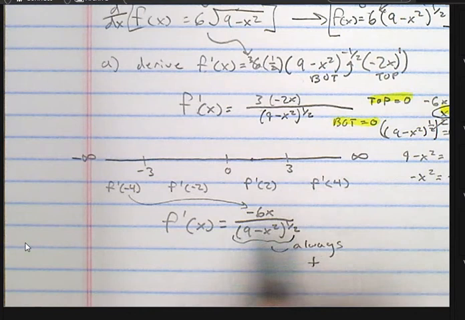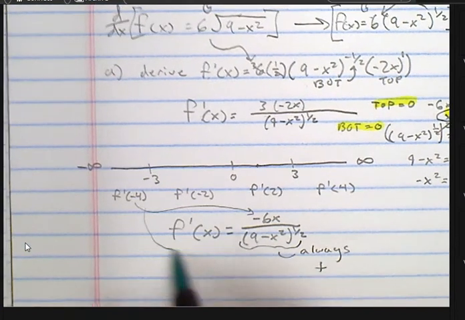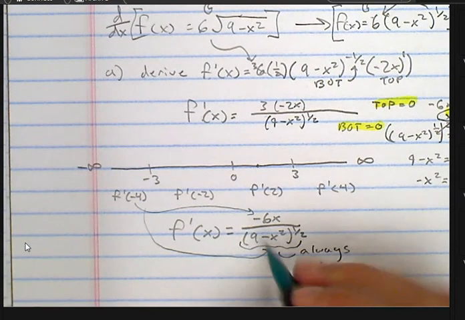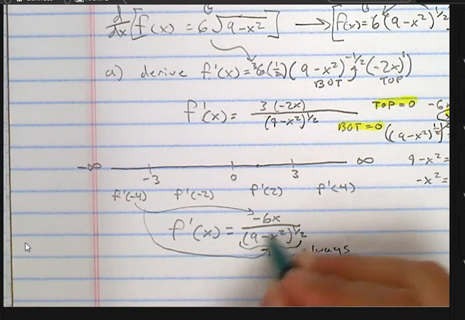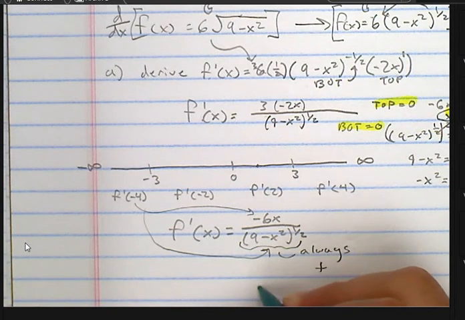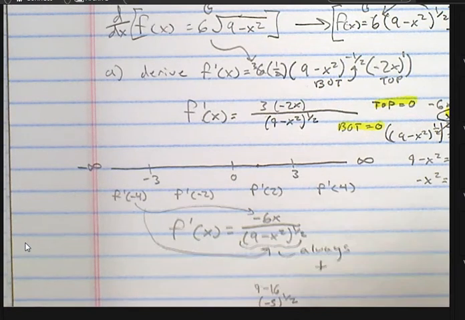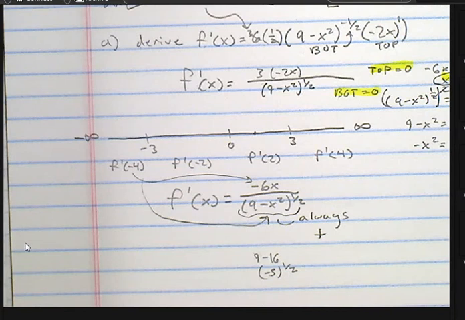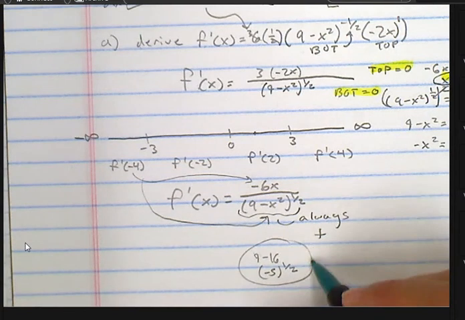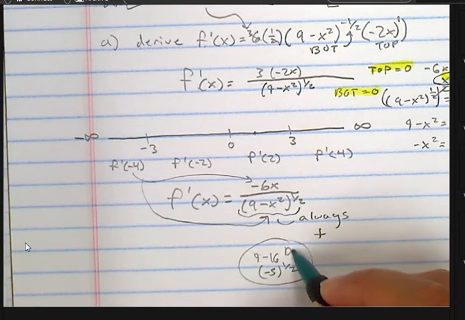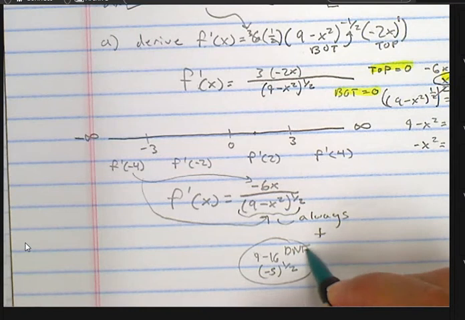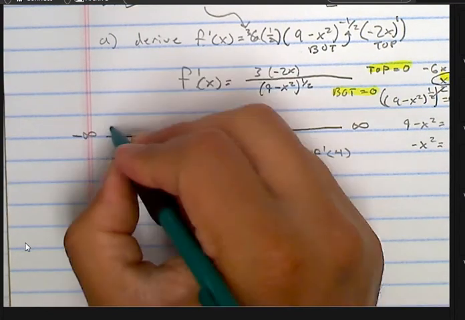This yields does not exist because it's not part of the domain.